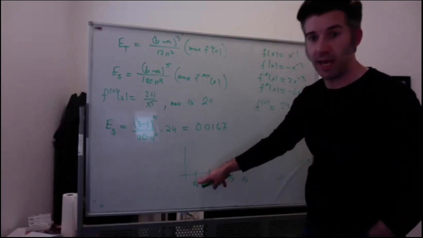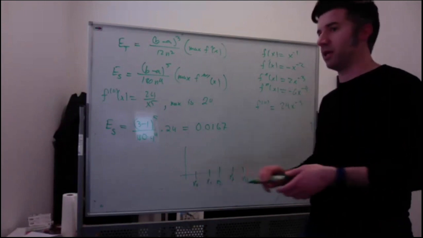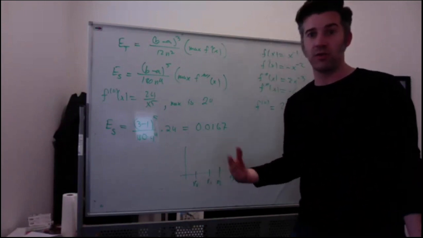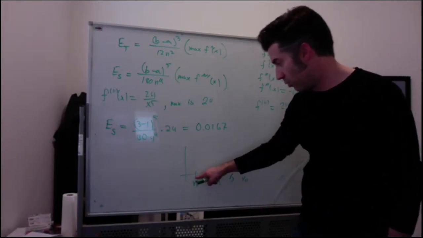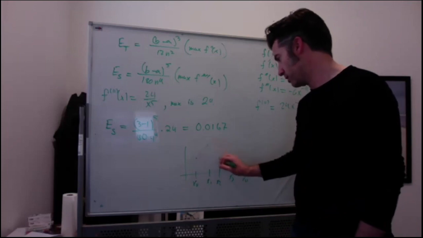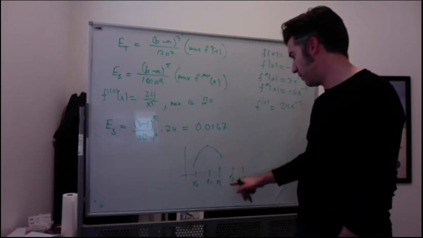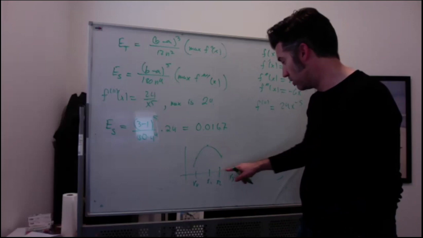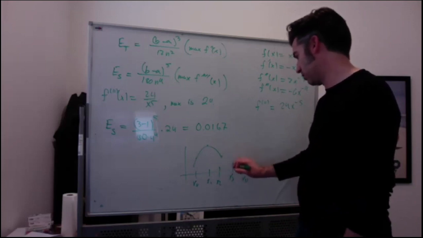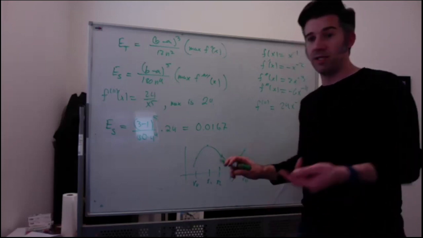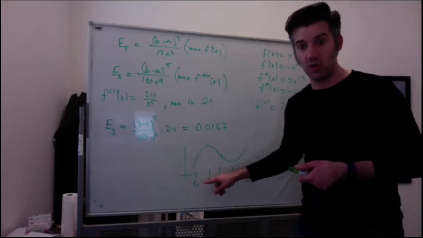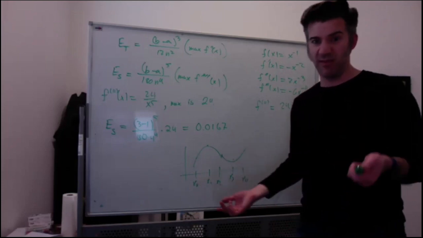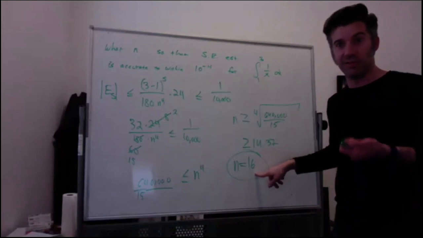Each two intervals is where you're going to be using a parabola to estimate it. So for this first two intervals, there are 1, 2, 3 points, and you draw the parabola through them. And then for this next two intervals, use the next 1, 2, 3 points. So maybe it's something dumb like this, but the whole idea is you have to have an even number of intervals because you're breaking it up into a bunch of sets of two subsequent intervals. So yes, you do round up to the next biggest even number, which is 16 in this case.